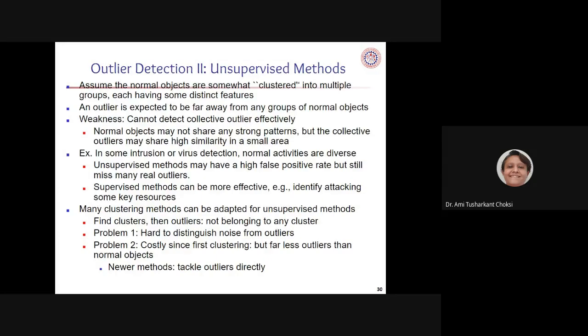Now, the second one is outlier detection using the unsupervised methods. Assume the normal objects are somewhat clustered into multiple groups, each having some distinct features. See, outliers are there, but instead of they are there in one cluster, what do we say?